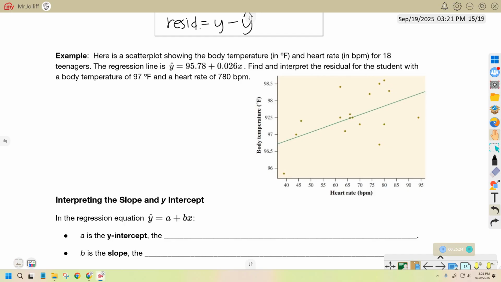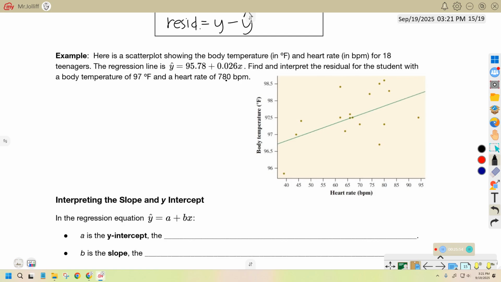The regression line is y hat equals 95.78 plus 0.026x. Find and interpret the residual for the student with a body temperature of 97 Fahrenheit and a heart rate of 78. Very good. And you notice that that should be 78.0 because 780 beats per minute, that is a heart exploding in someone's chest. Humans do not beat that fast.